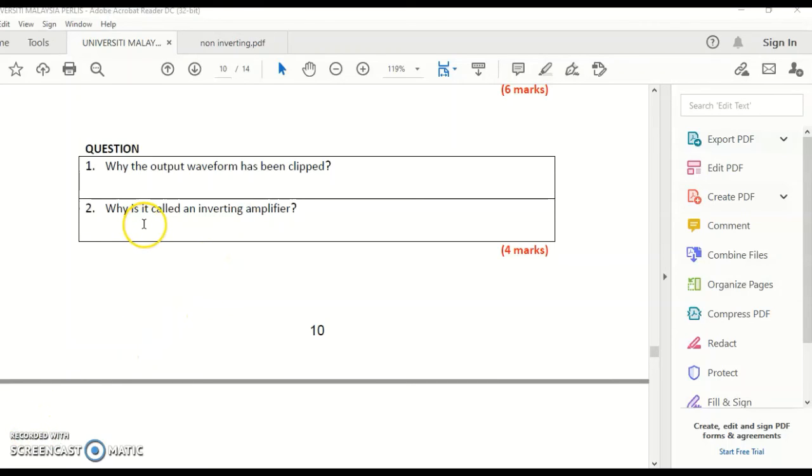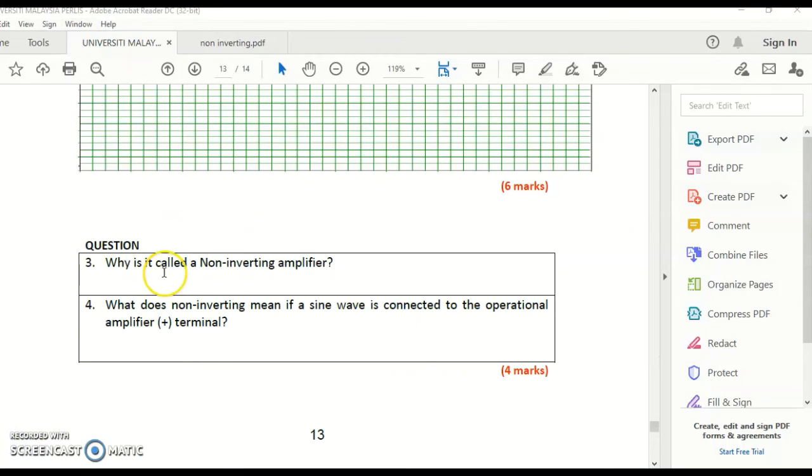Number 2, why is it called an inverting amplifier? It is called an inverting amplifier because the signal is supplied to the negative terminal through a resistor to be the inverting input. Number 3, why is it called a non-inverting amplifier? The input signal has a positive phase.